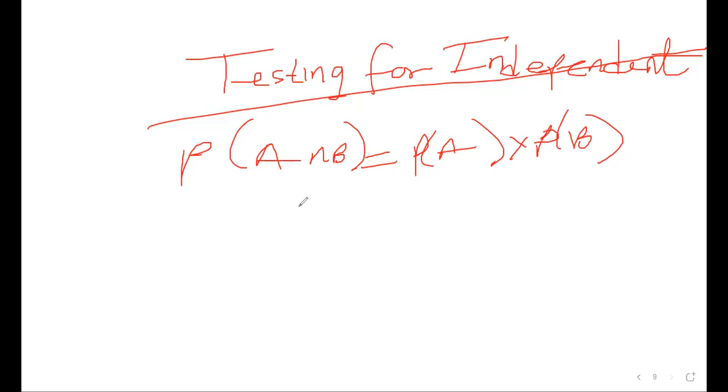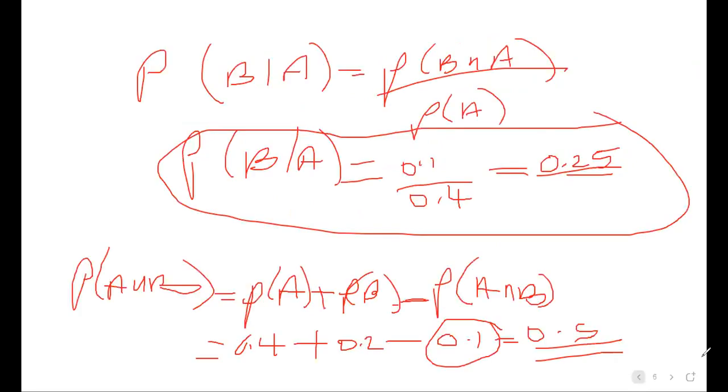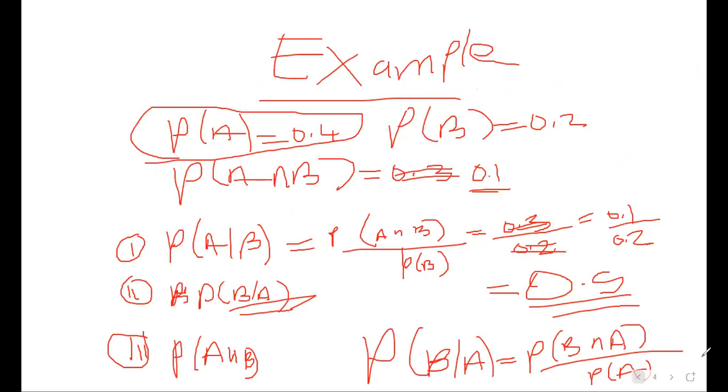So here we already have 0.1. Is it reconciling with probability of A times probability of B? The probability of A is 0.4, B is 0.2. So we have to multiply these. If they are going to reconcile, then the events are independent. So 0.4 by 0.2.